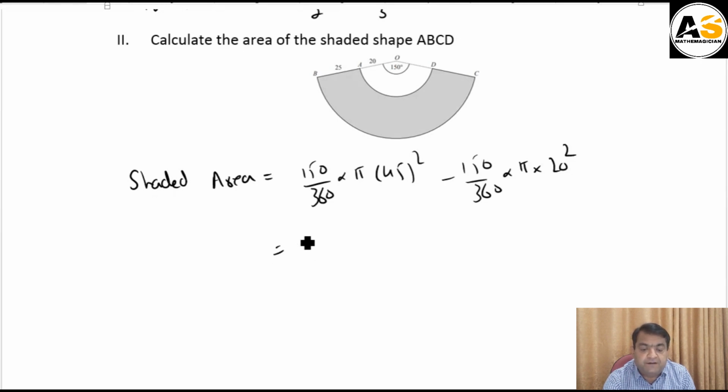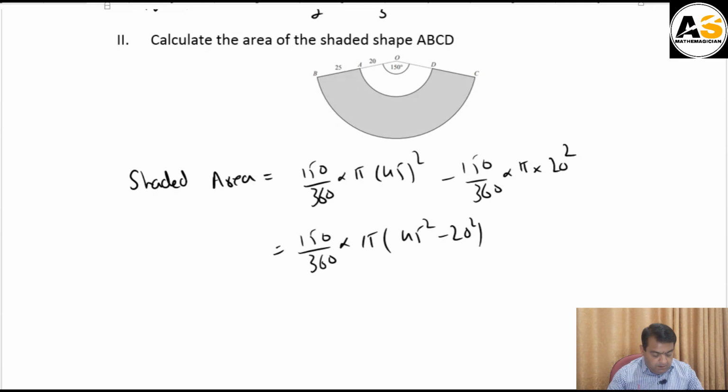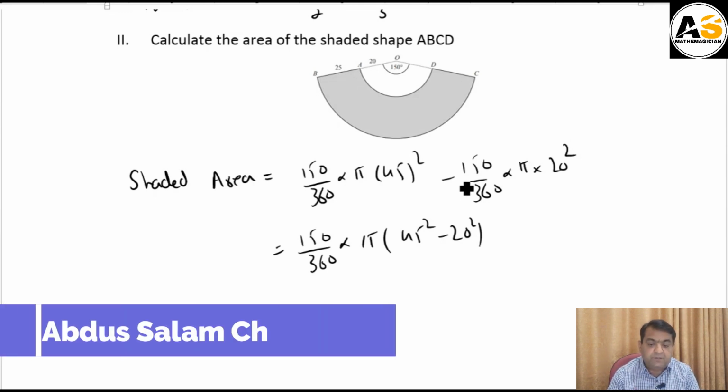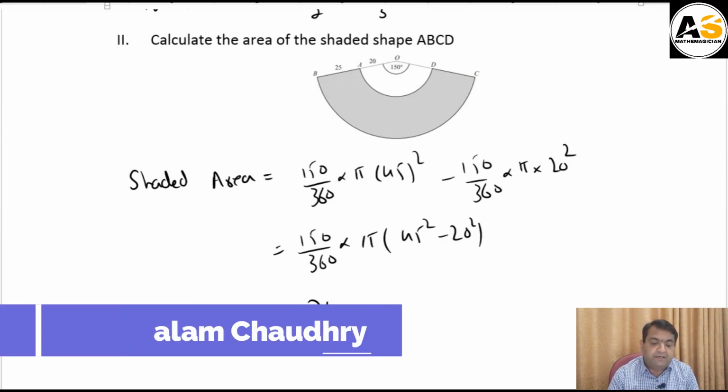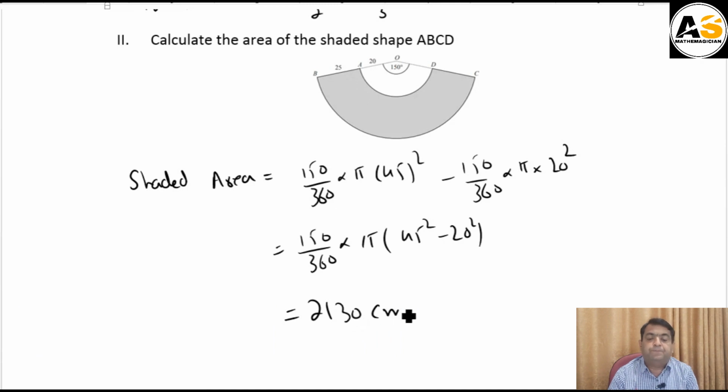This will be 150 over 360 into pi. This will be 2130 centimeter square approximately.